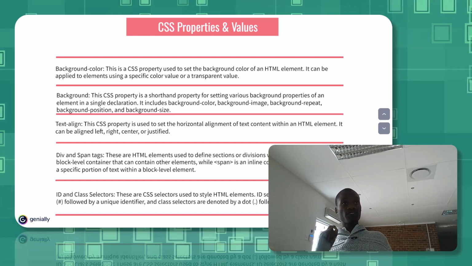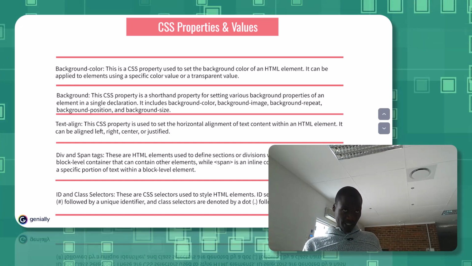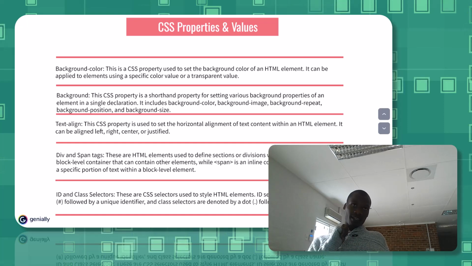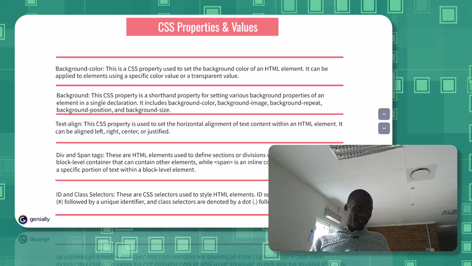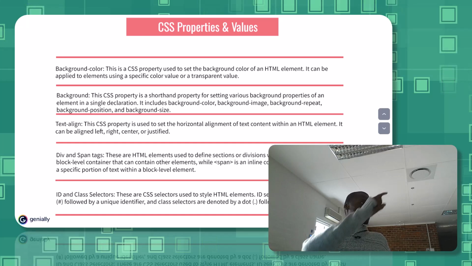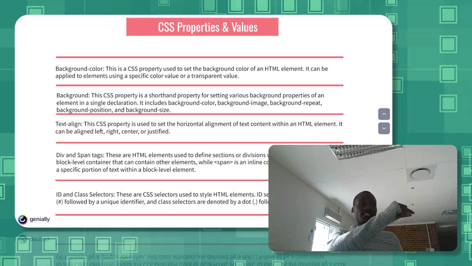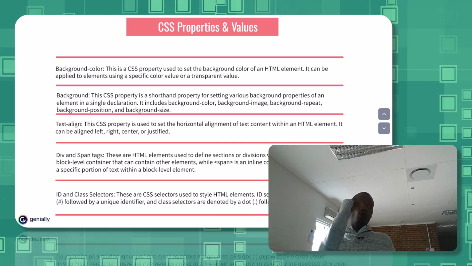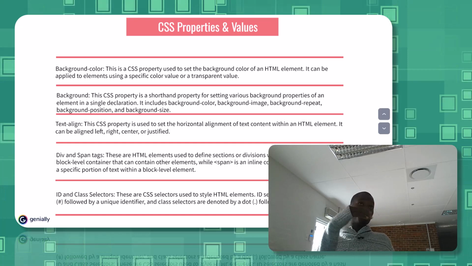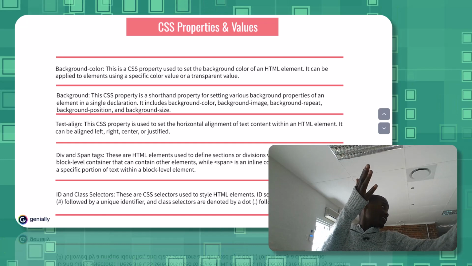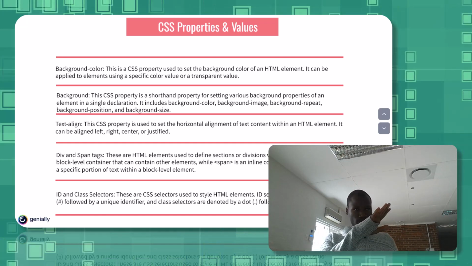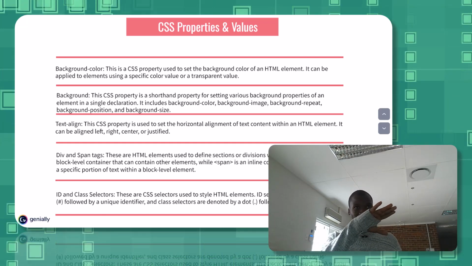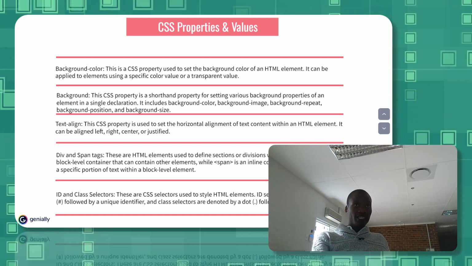A div tag is a block level container, which means it starts from left to right and takes up the whole width of the entire page or of the viewport. The viewport is basically what we see on the page, right? While span is an inline container often used for styling a specific portion of text within a block level element.